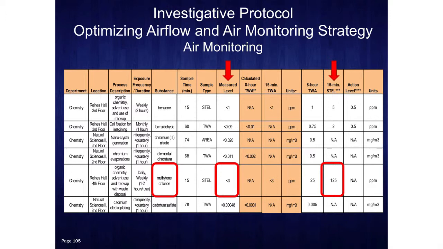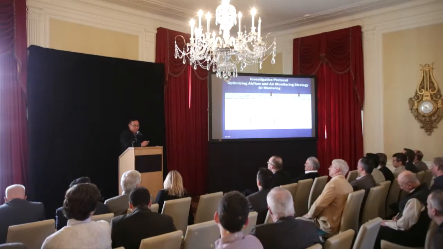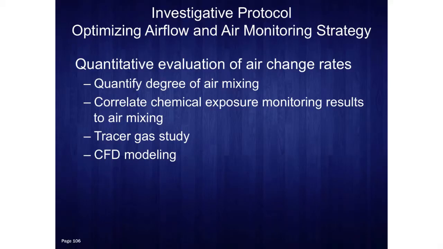This is just one simple example, but most of our monitoring results are like this. This is a changing process right now, and these are other ideas that we have for improving the investigative protocol. Like I said, if you take a look at what you have in your packet, we're open to ideas on how we can verify our risk assessment a little bit better.